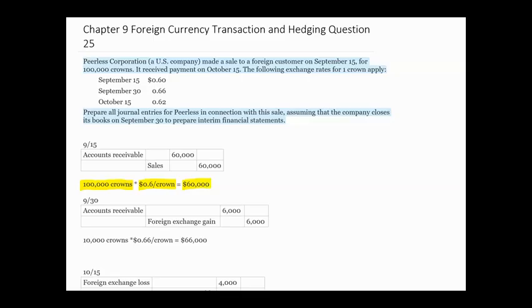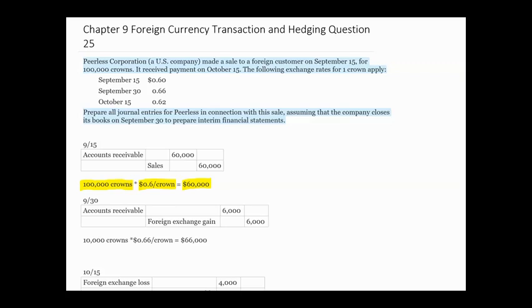All the accounts in those journal entries are in US dollars, so that's why I debit 60,000 accounts receivable and 60,000 sales. We need to convert the foreign currency to US dollars with the foreign exchange rate on that exact date, and this exchange rate changes every day.